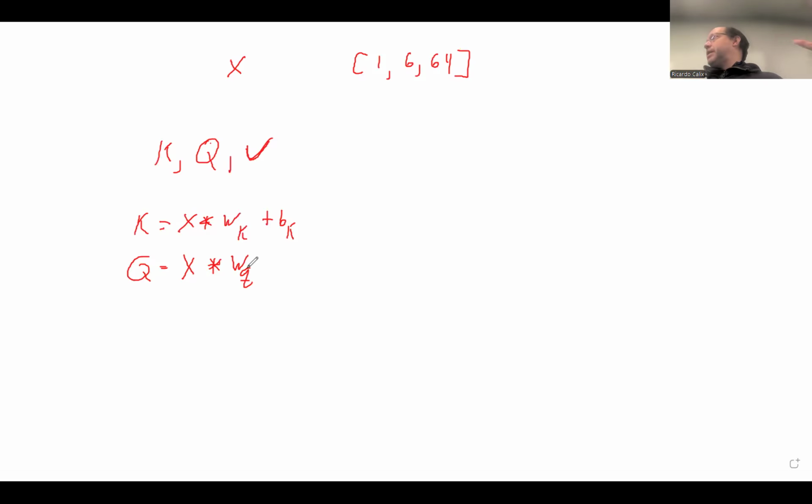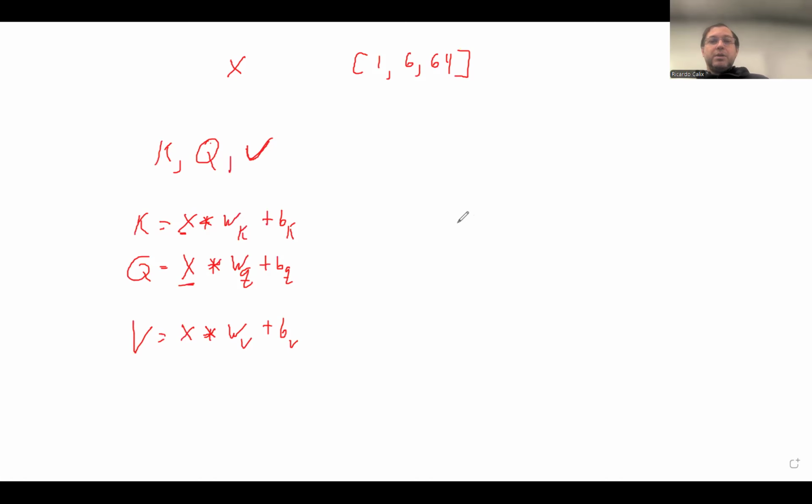Here we just set up the neural network architecture to do this computation, but the values have to be learned. We have a BQ. Notice it's the same X for both, and that creates K and Q. And then we have the final one, V, which is the same idea. We have X times another weight matrix, WV, and the bias for V. We perform the matrix multiplication, and now we have KQV, right?